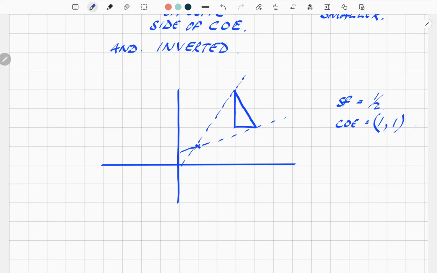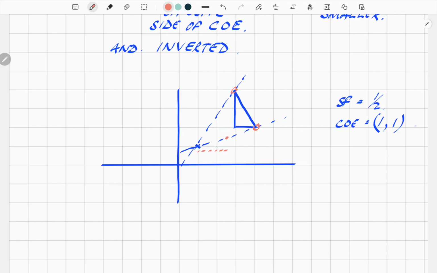So from the center of enlargement, this point here, 3 across, 1 up. So we're going to go 1.5 across and half up. Does that make sense? This one here is 2 across and 3 up.